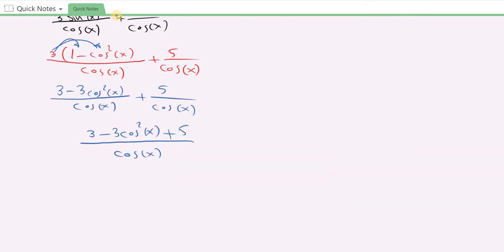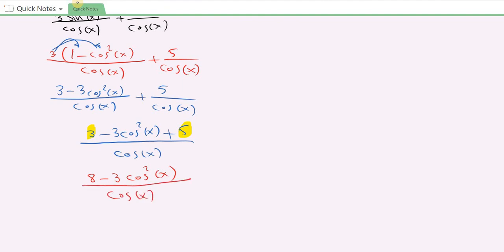Now from here, I see that I have 2 constants that I can add together. 3 plus 5. Don't be confused by the negative sign; that is for the cosine square, the negative 3 cosine square. So 3 plus 5 is 8. So this is going to become 8 minus 3 cosine square x divided by cosine x.